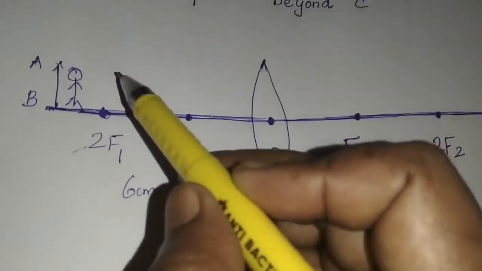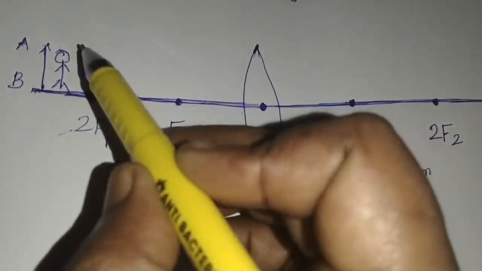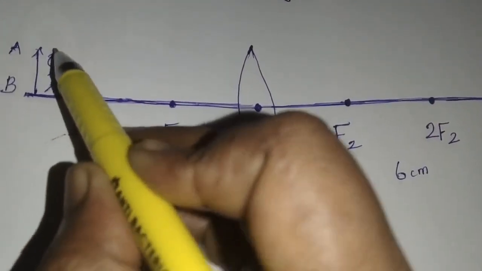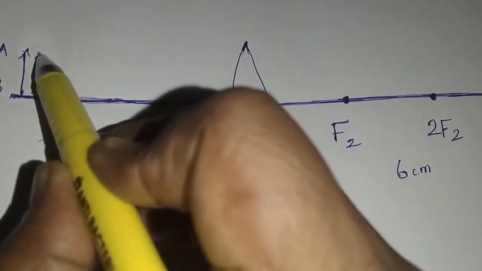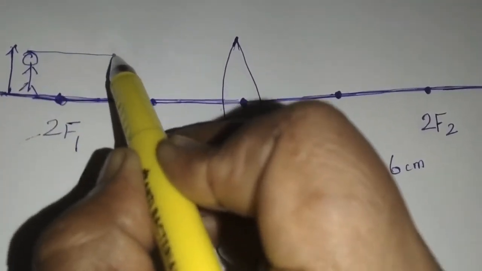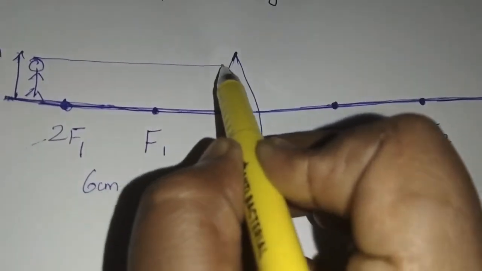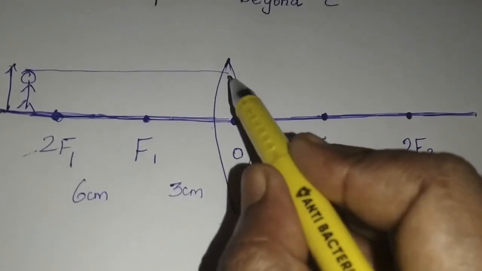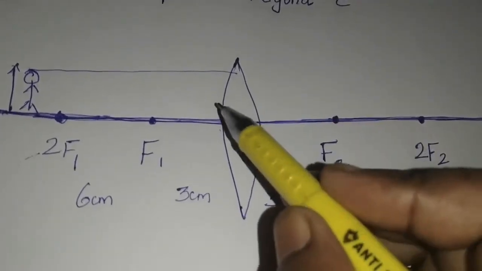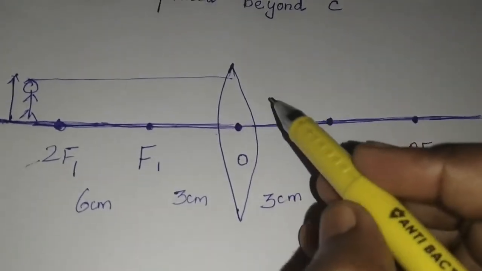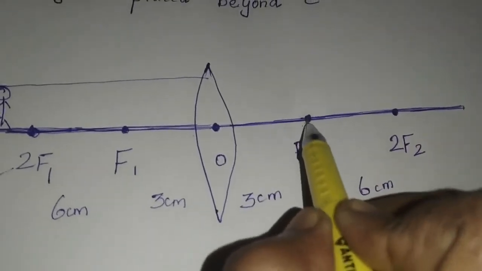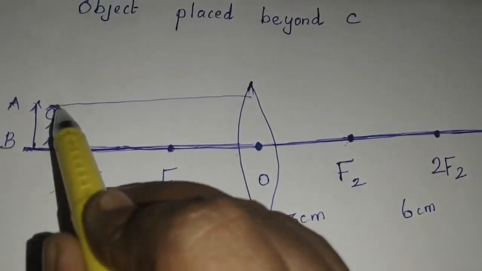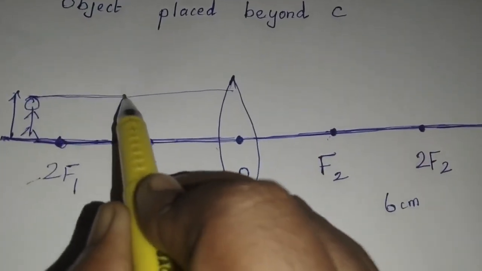So a ray which is parallel to the principal axis. Rule 1: a ray which is parallel to the principal axis, after refraction by the lens passes through the focus. So this is the principal focus.